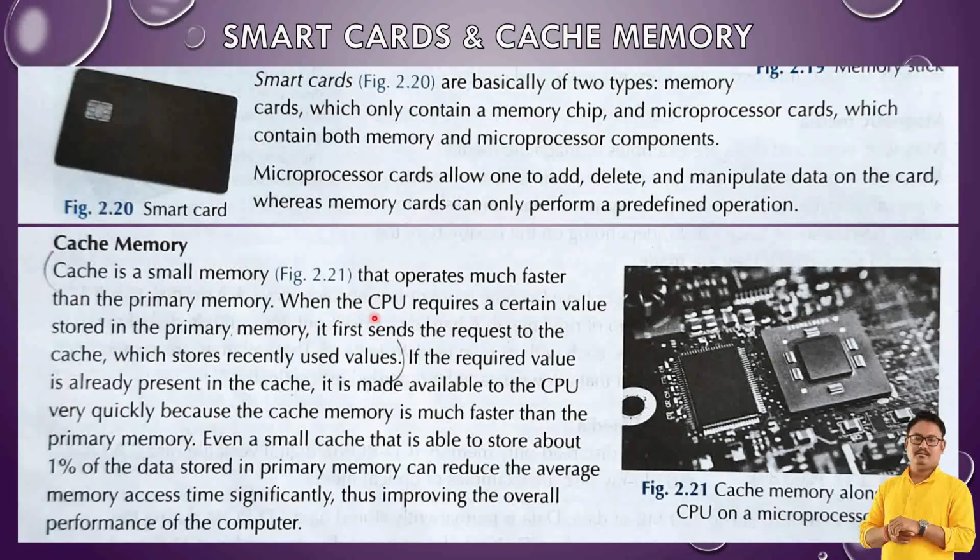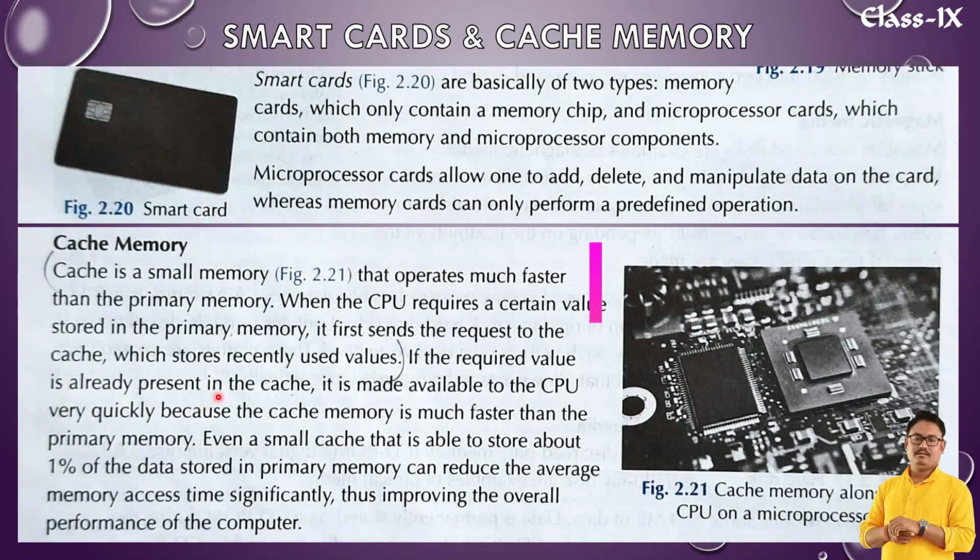When the CPU requires a certain value stored in the primary memory, it first sends the request to the cache, which stores recently used values. If the required value is already present in the cache, it is made available to the CPU very quickly, because the cache memory is much faster than the primary memory. The cache memory is already pre-stored in the system, on the motherboard.